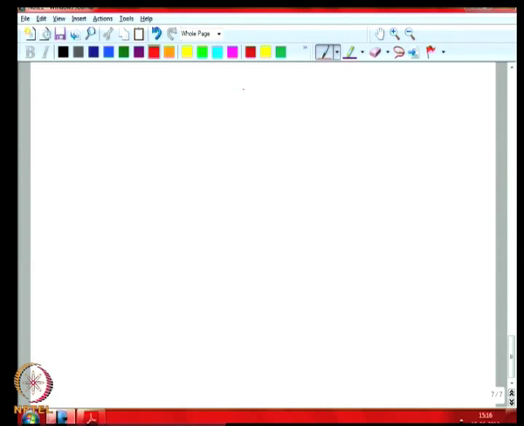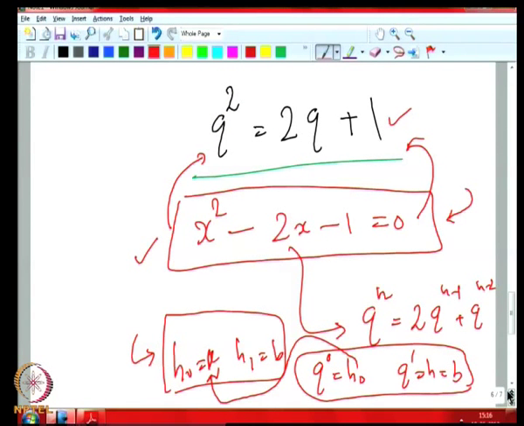So we will say that q to the power 1 is a solution. Suppose we look at the characteristic equation here, x square minus 2x minus 1.